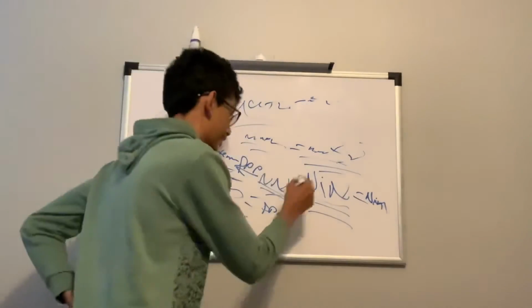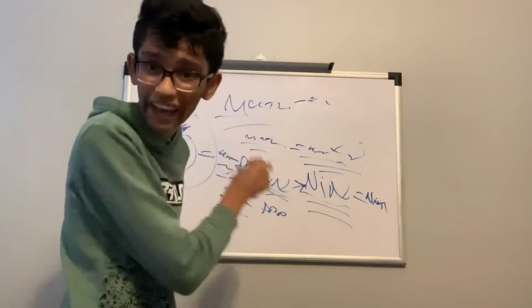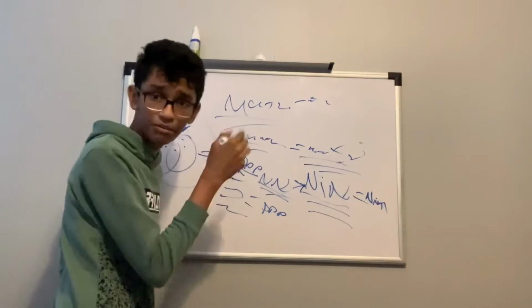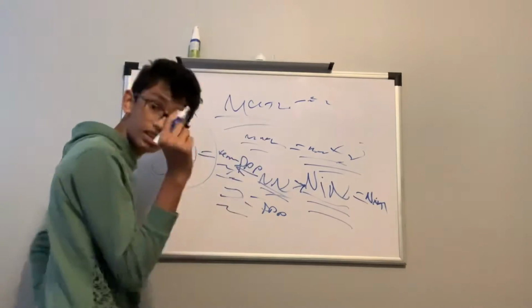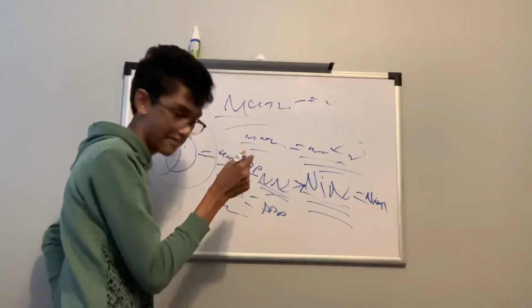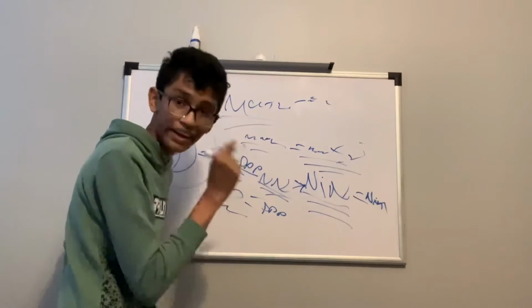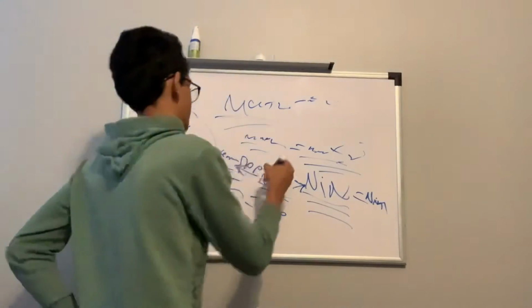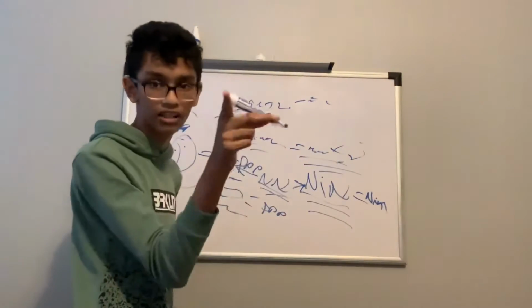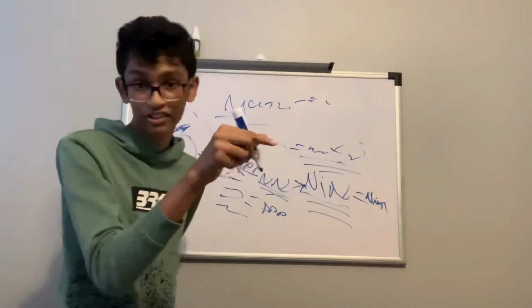Anyway, so NIN and NN, what do they have in common? Well, I'll be telling you what they have in common right now. You might be asking, Nikhil, Mr. Math is actually my name, not Nikhil. I didn't break character at all.